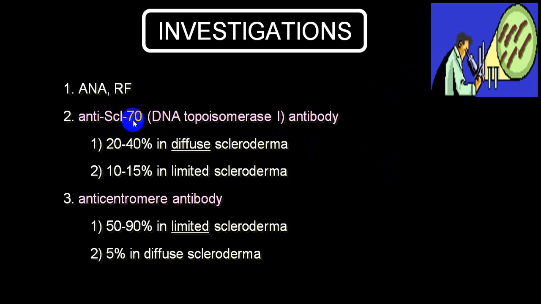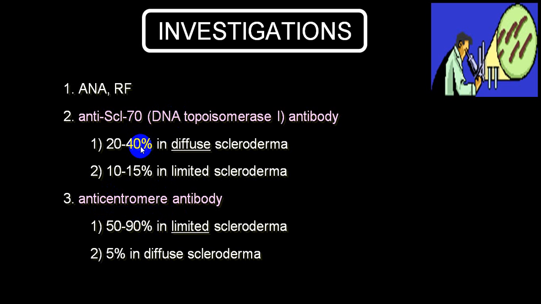Anti-Scl-70, also called anti-DNA topoisomerase antibody, in short form we call anti-scleroderma 70 antibody, while anti-centromere antibody will be positive more in the limited variety.